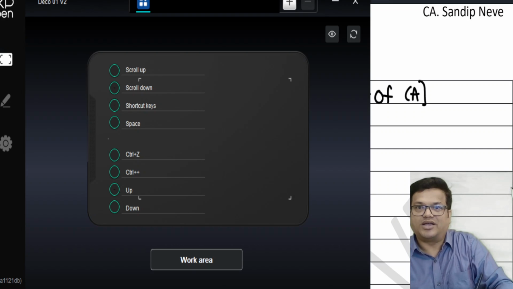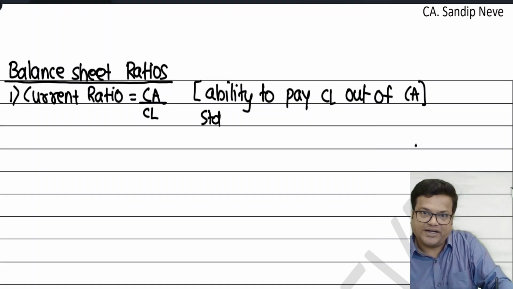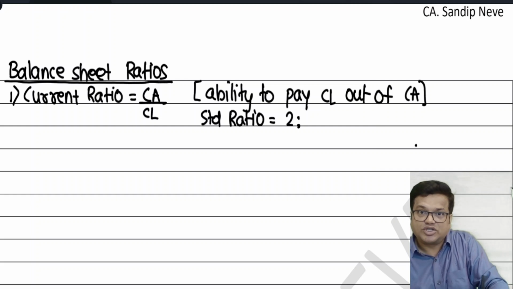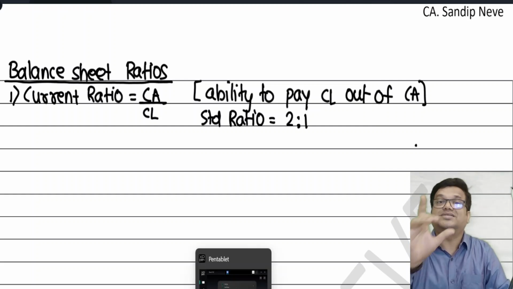Then what is the standard ratio? The standard ratio is 2 is to 1. Now, what does that mean?